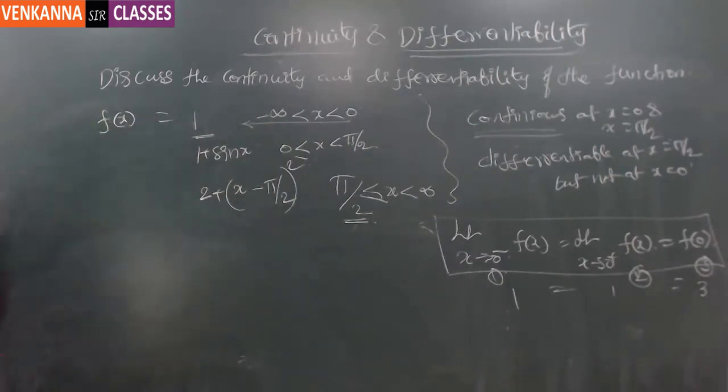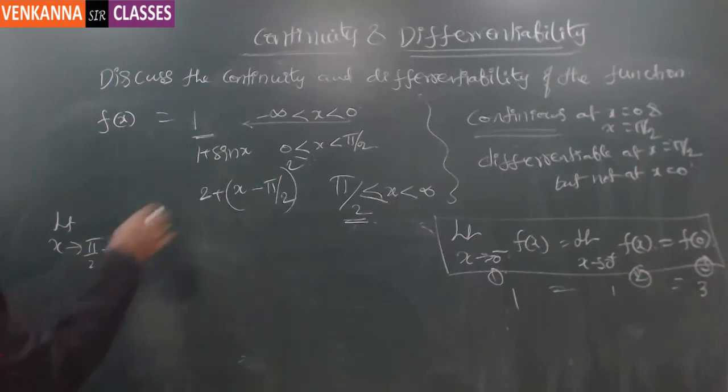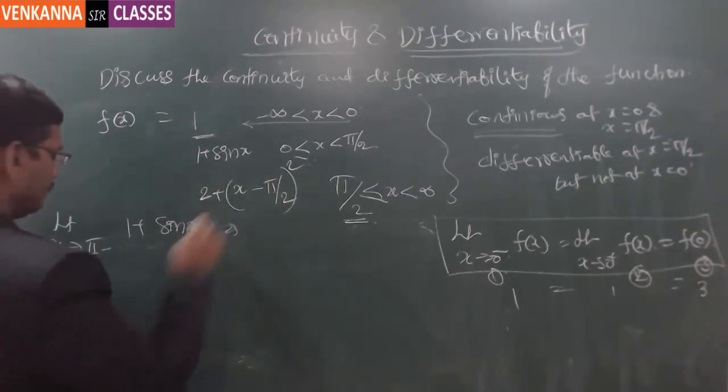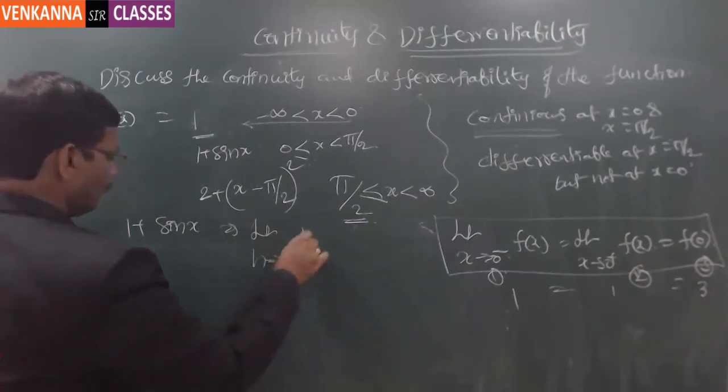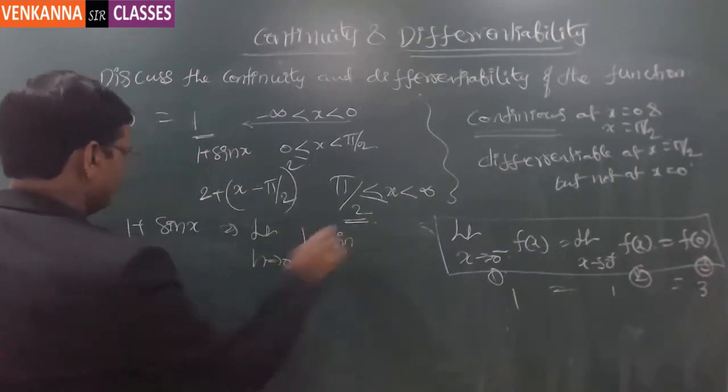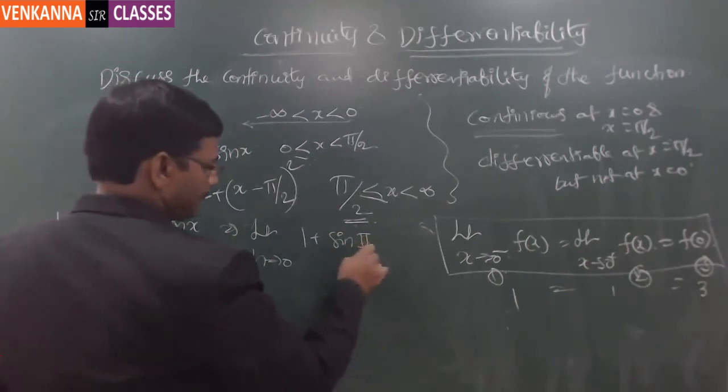So in part 3, we have got the value 3. And then we'll take the left limit. Limit x tends to pi by 2 minus of f of x. The f of x value for pi by 2 minus will be this part, 1 plus sin x. So this can be written as limit h tends to 0 of 1 plus sin of pi by 2 minus h.